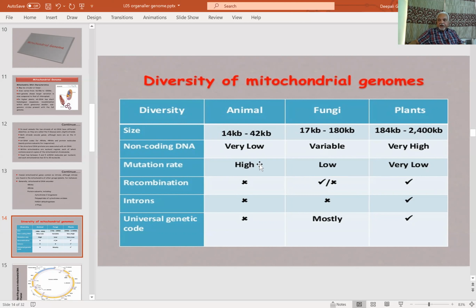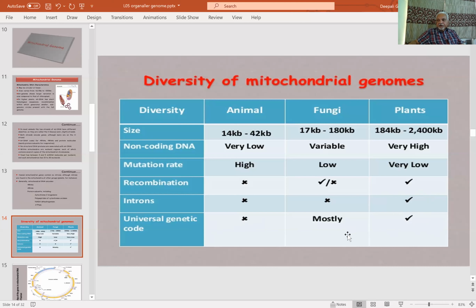Mutation rate is high in animals and very low in plants. Recombination is absent in the animal mitochondrial genome and is seen in the plant mitochondrial genome. Introns are seen only in plant mitochondrial genes. The plant mitochondrial genome follows the universal genetic code, whereas animal does not.